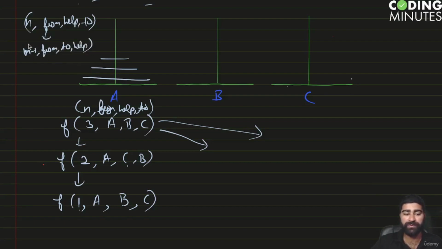So the new helper is the one at which we are going to, right? So which is this 1 a b c, right? So what will this call? It will call f of 0 from A to C by using B, but we can't place 0 disk, right? So it will come back.